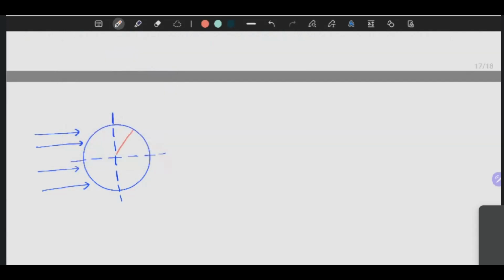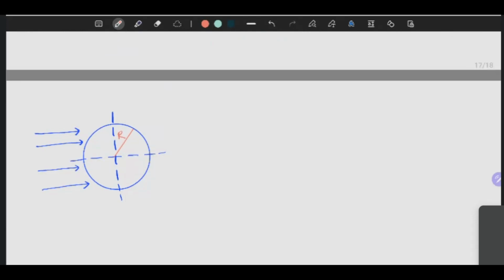So this is r, this is r, and let's say if you consider a small portion like this, and this is theta and this is d theta, so this will be r sin theta and this will be r d theta.